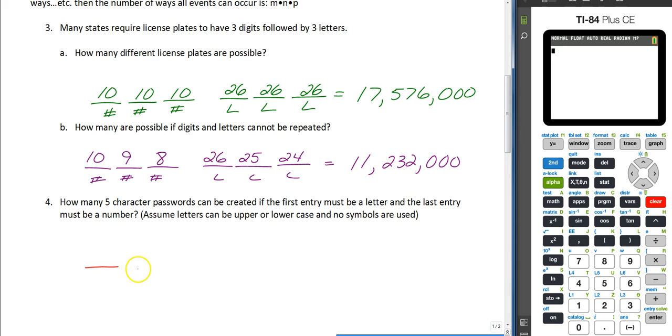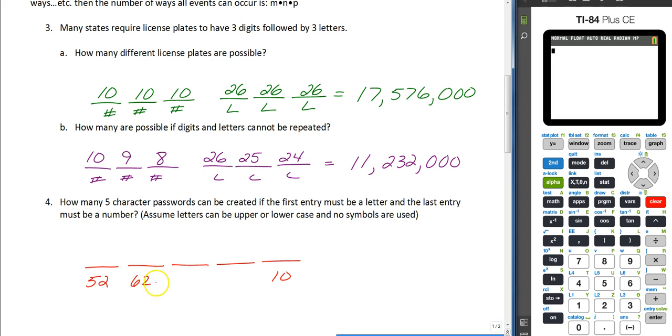So for this one, you should have laid out 5 digits, and the first one has to be a letter. So if there's 26 letters, 26 capital, 26 lowercase, you would actually have 52 different choices for the first one. The last must be a number. 0 through 9 would give us 10 options. But then anything in the middle can be a letter or a number.